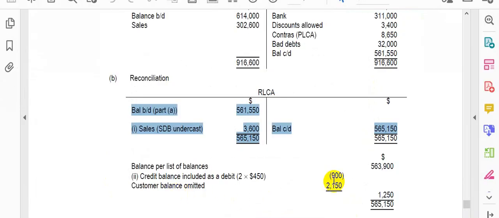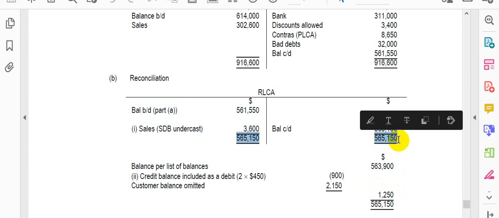So you net the two to give you 2,150. The 2,150, when you add it to the list of balances, gives you the balance which you had found earlier in the receivable ledger control account. So you've now balanced, you've reconciled.